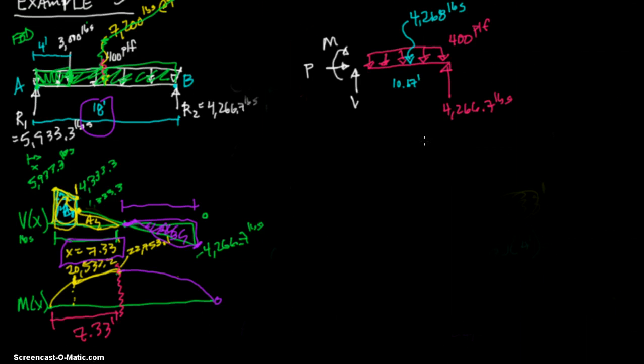Alright, we can go ahead and do the sum of the forces in the y direction equals 0. And we can also do the sum of the forces in the x direction equals 0. And that is what? P equals 0. Done. Now we only have one unknown in the vertical direction, which is V. So we can solve for that. So V is positive.